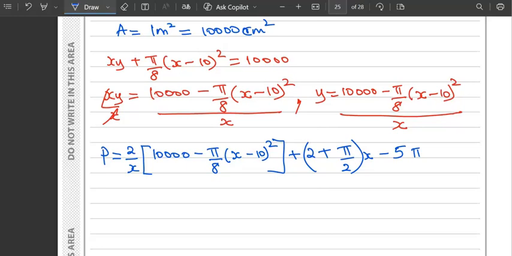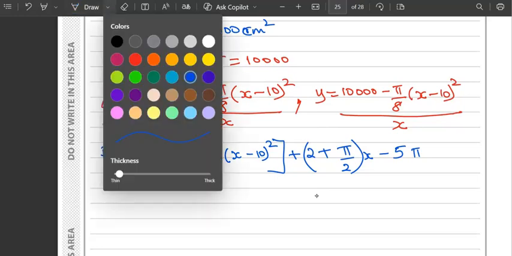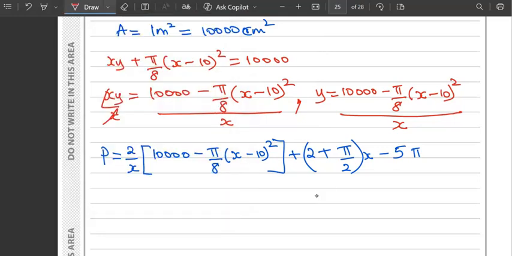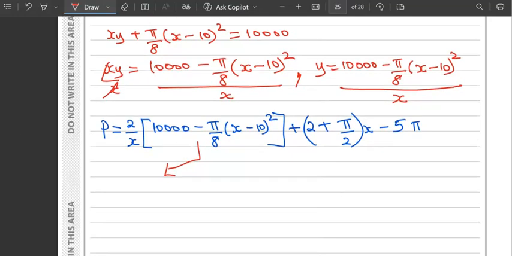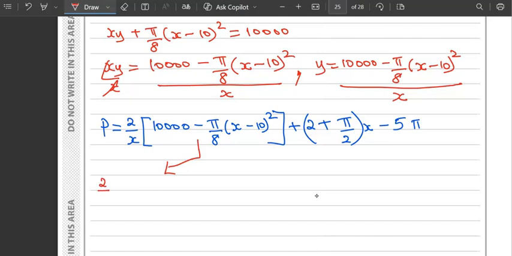Simplifying this bracket, we will have 2 over x, open the bracket, 10,000 minus pi over 8, and remember x minus 10 squared can be expanded to give x squared minus 20x plus 100.